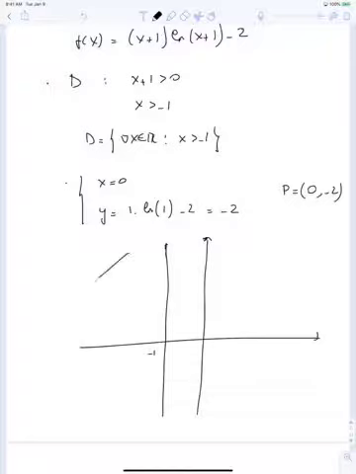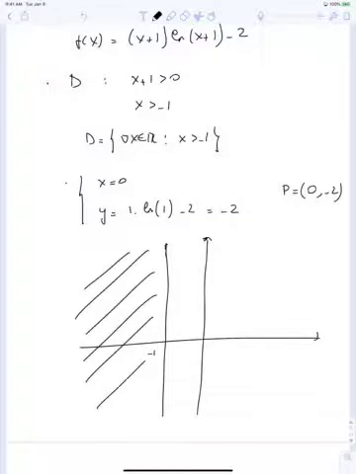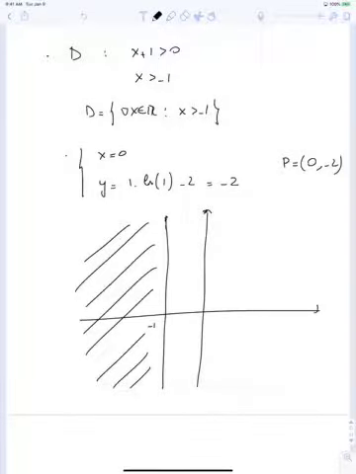And it's not defined for any value less than minus 1. So here the function doesn't exist. Now, if x is equal to 0, then the intersection is here in minus 2.